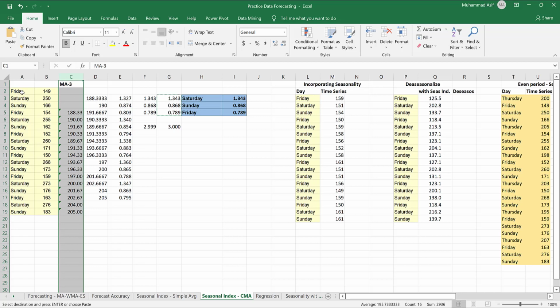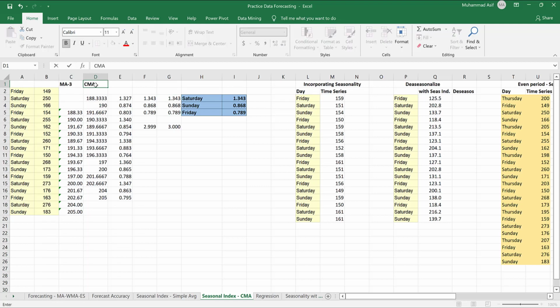So we have a 3 period, and Saturday is the middle value, so we place it in front of that, and this is called centered moving average, and I can write here centered moving average. And over here we just take the ratio of the time series divided by the centered moving average. In the next step we take the average of similar seasons, and then a normalization step, and that's our overall seasonal index.